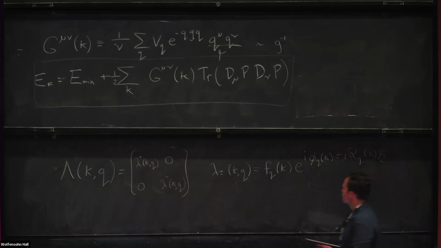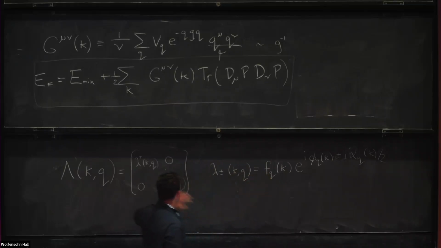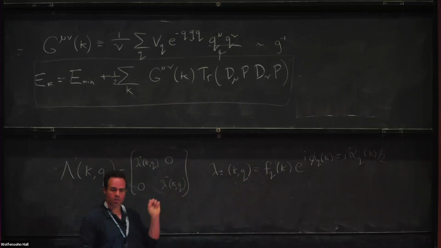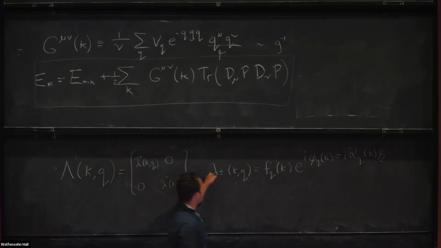So the fact that I'm assuming the form factor has the same magnitude for plus or minus is exactly this approximation that the quantum metric is proportional to the identity, that they have the same amplitude, and that they differ by this phase here, alpha q.